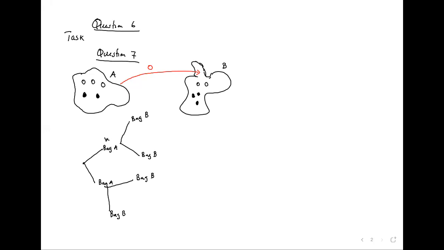Then from bag A white, bag B white or black.